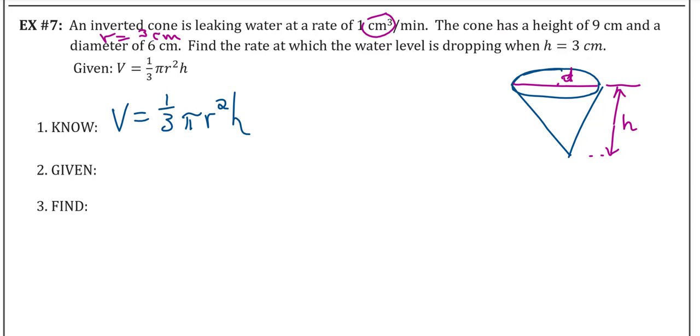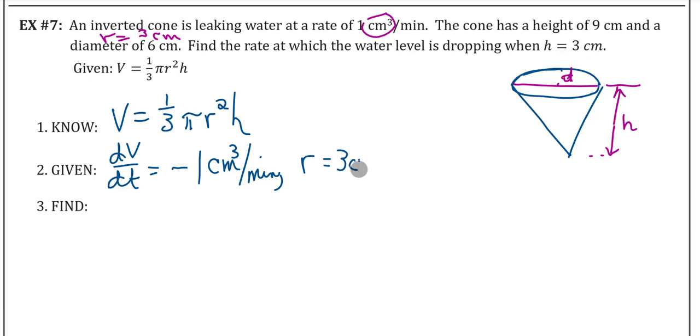We are given dV/dt, and it's leaking, so the volume's getting smaller: negative 1 cubic centimeter per minute. We also have a radius of 3 and a height of 9 centimeters, so I'll call those R0 and H0.